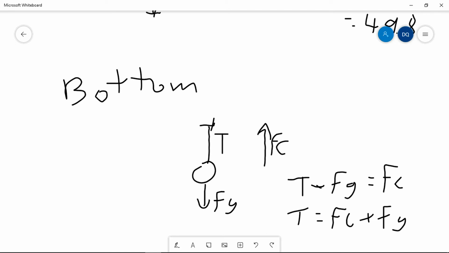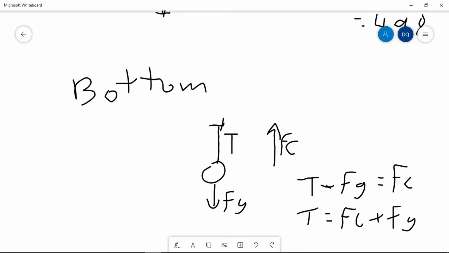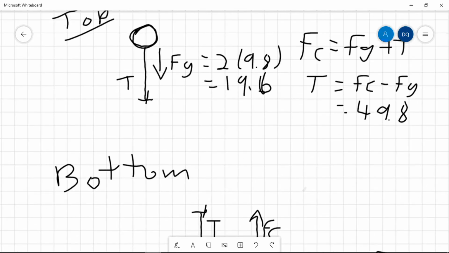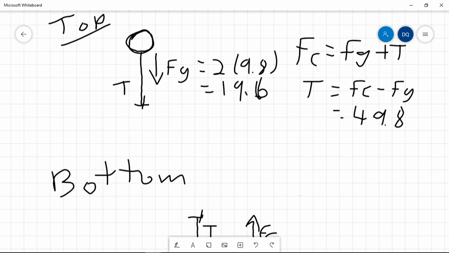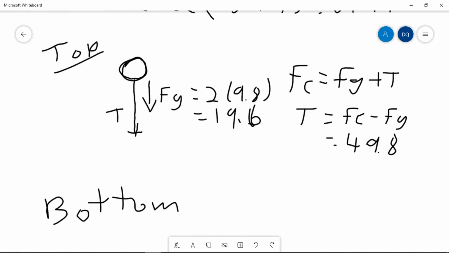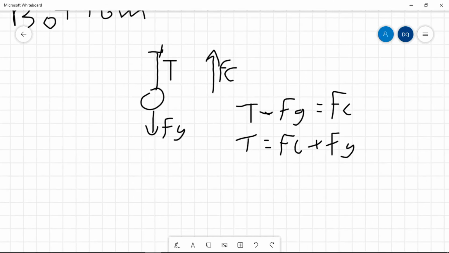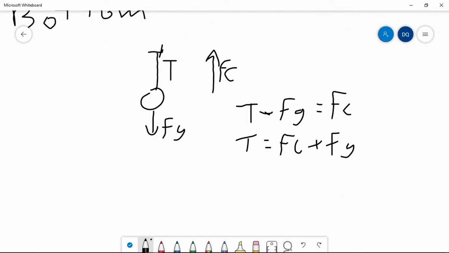It's going to be pulling more on your arm at the bottom than it is at the top. And our centripetal force is 69.4, and gravity's 19.6. So this is 69.4 plus 19.6.